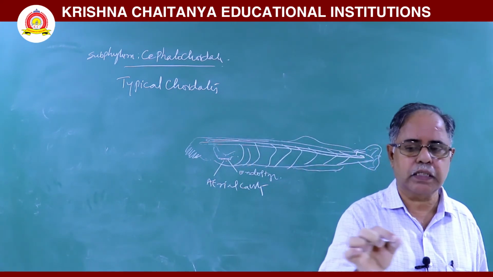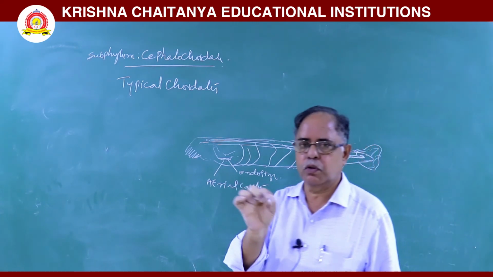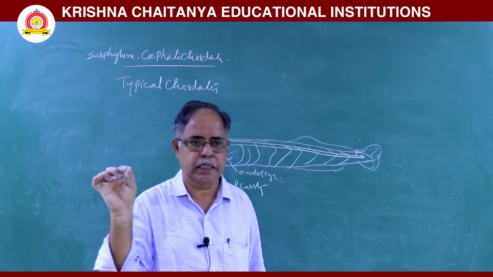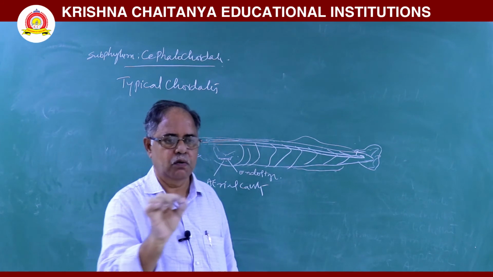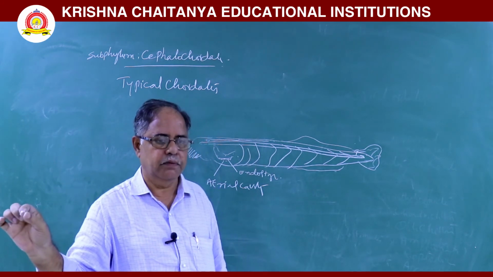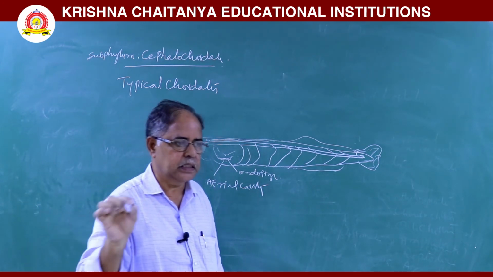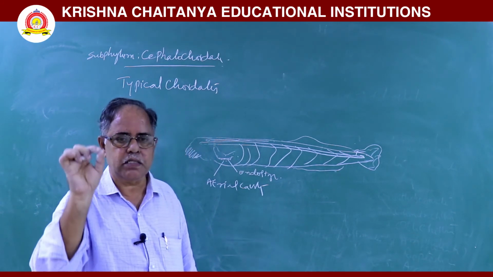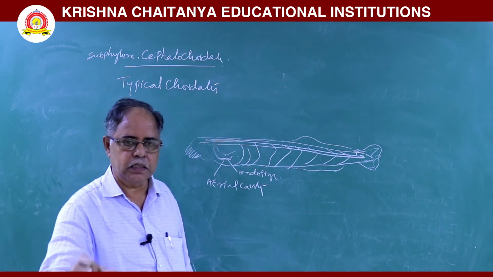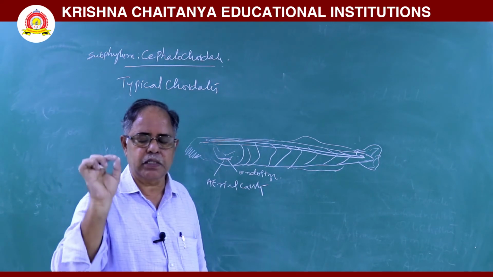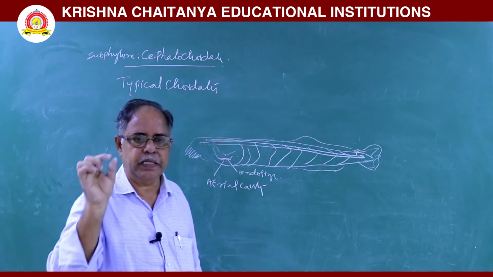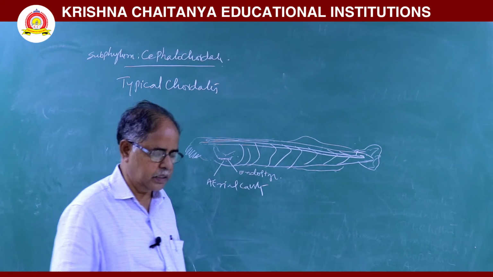Here a closed type circulatory system is seen. That means blood flows only through the blood vessels. In this circulatory system, the heart is absent. Next, blood cells are absent. Next, respiratory pigment is absent.